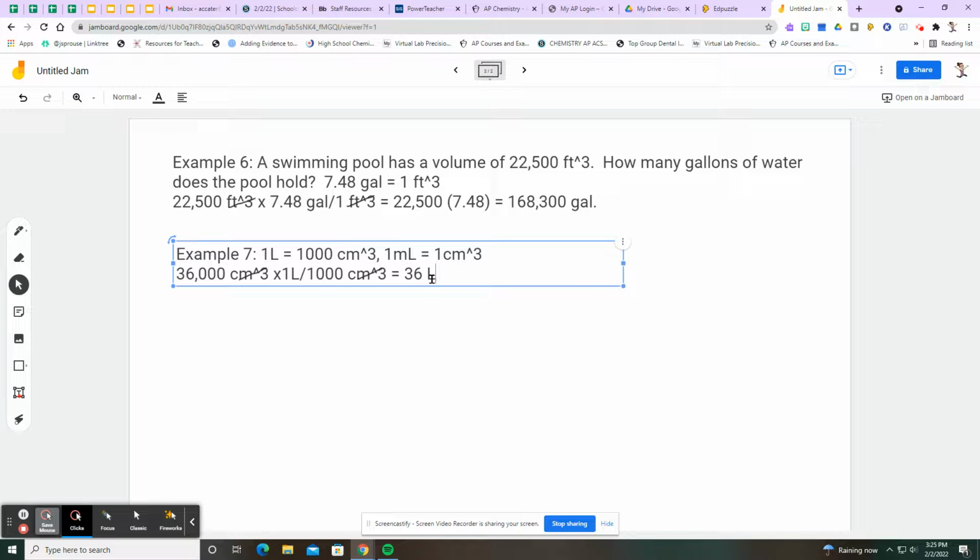All right. So that brings us to example 8, and then we'll be done. So example 8 looks at, again, the medical field and dosing of medication.